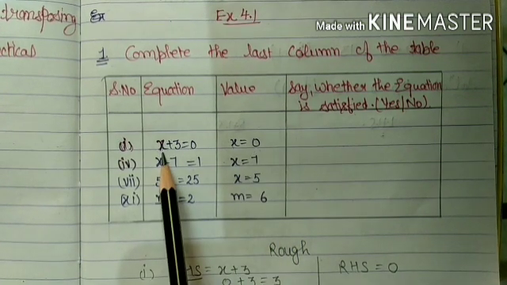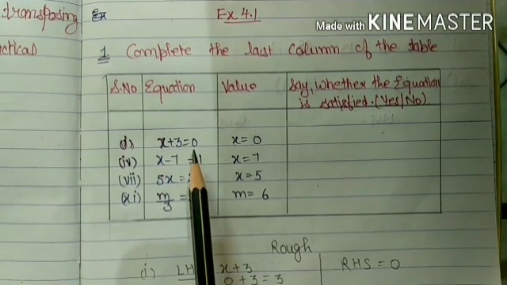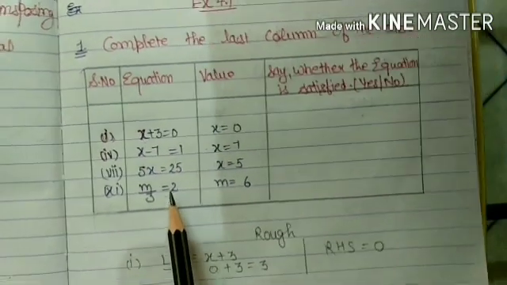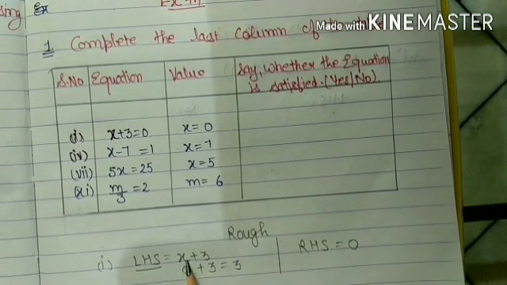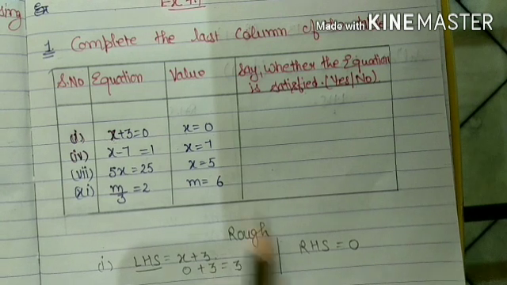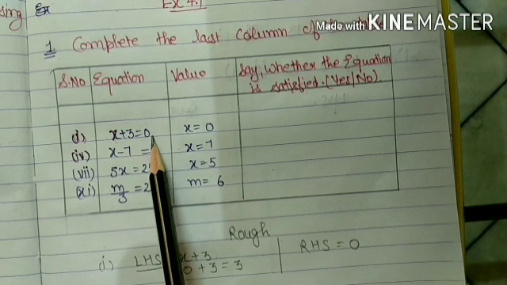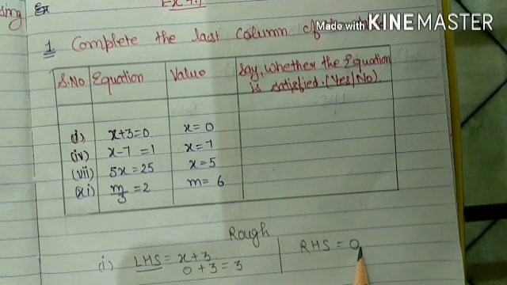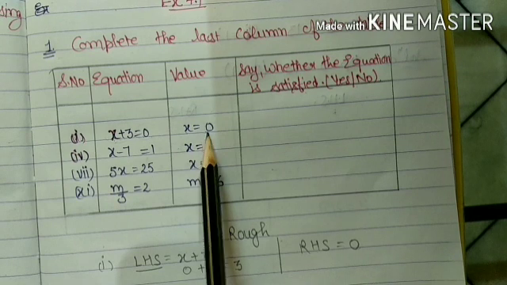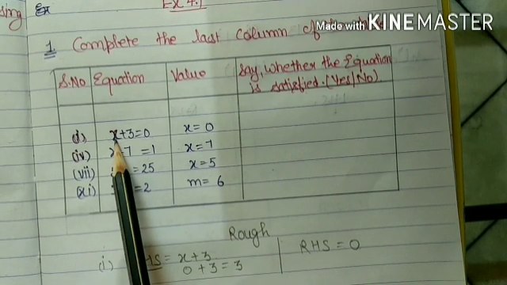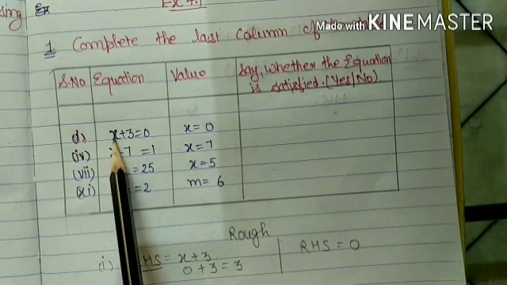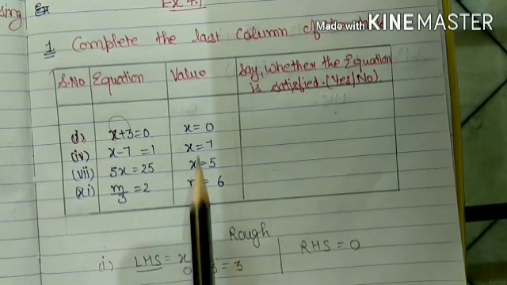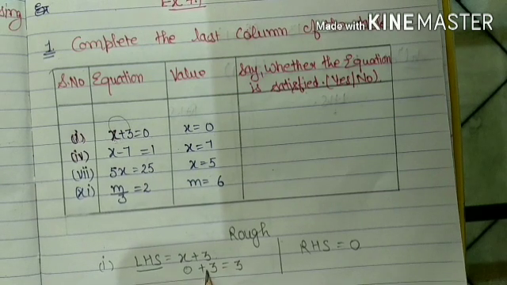Here in the first part, I am going to tell you how to do it. If you are doing it in rough work, the left hand side is x plus 3 and the right hand side is 0. If the given value is 0, I will put 0 in place of x on the left hand side. As x is added to 3, so 0 plus 3.